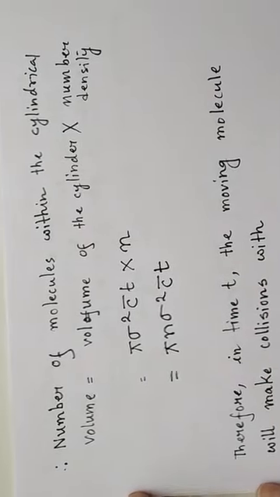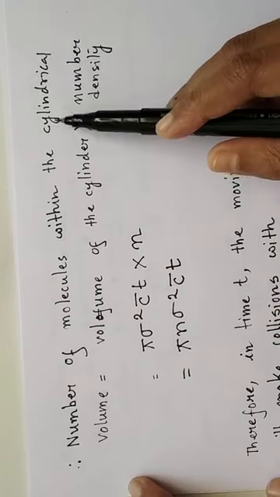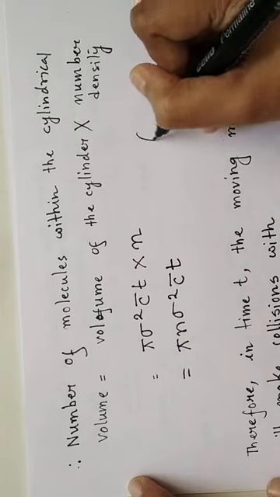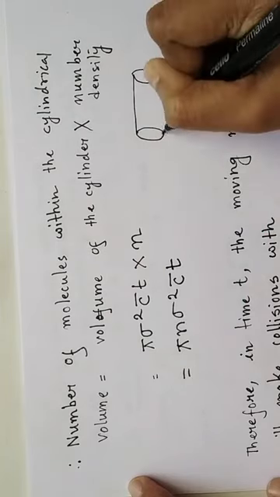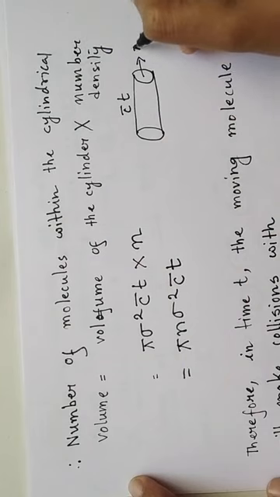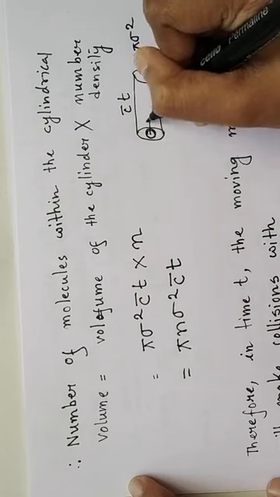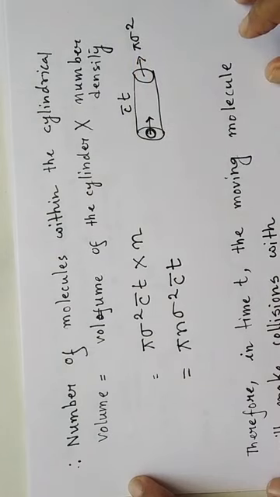These many molecules are contained within this cylinder of length c bar t and cross-sectional area pi sigma square, which is swept by our moving molecule.